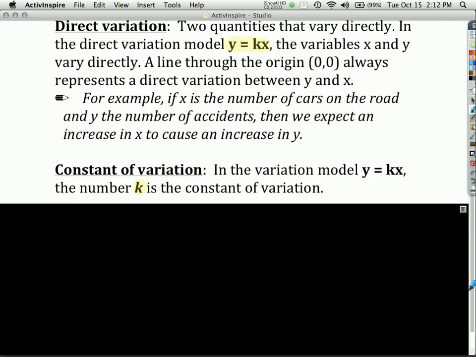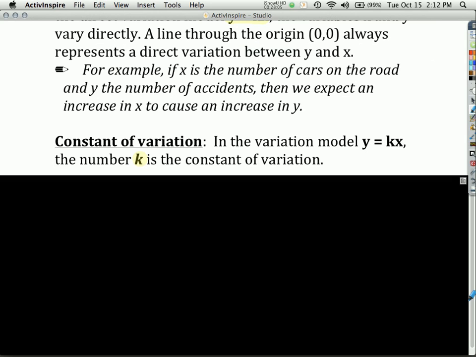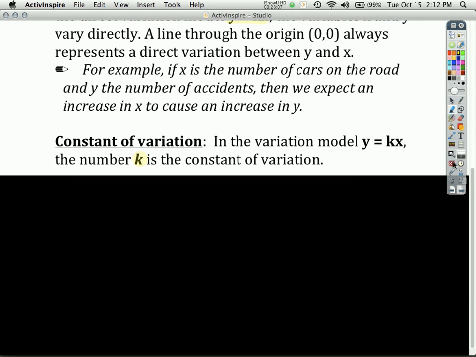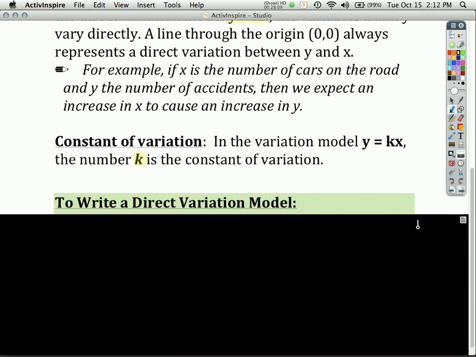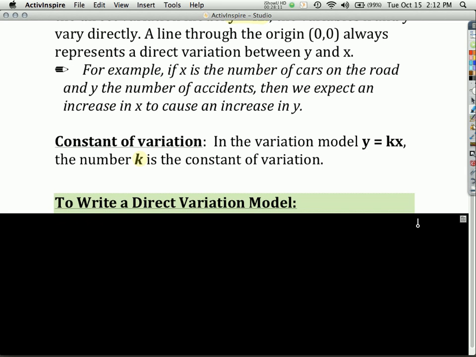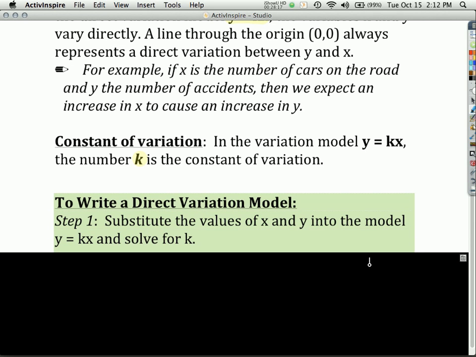Now, as I always do, I outline for you in a sequence of steps how to be successful. So I'm going to help you learn how to write a direct variation model. Step number 1, substitute the values of x and y into the model and solve for k.